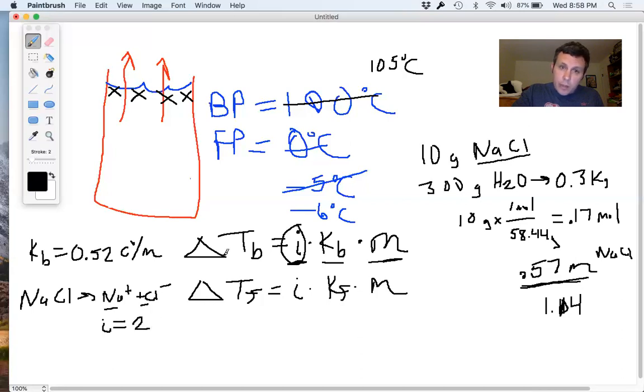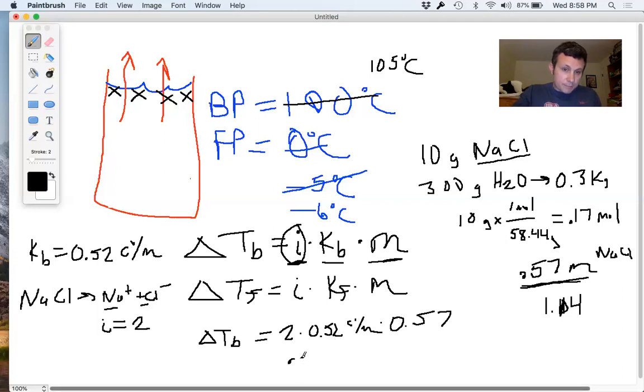So to find the new boiling point, we say the change in the boiling point is equal to 2, which is i, times Kb, 0.52 Celsius degrees per molal, times the molality of the NaCl, which is 0.57. And effectively, we're doubling it. That's where that 2 comes in. So I say 2 times 0.52 times 0.57, and I get 0.59.